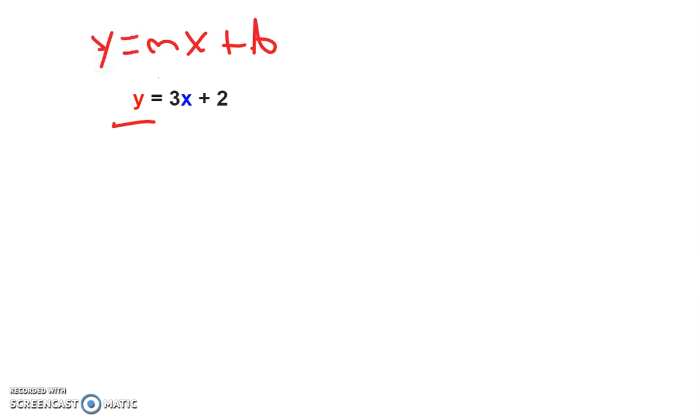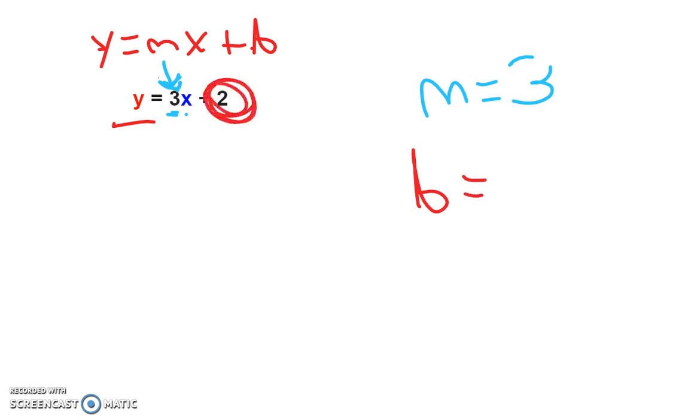And my corresponding values for m, anything that we're multiplying x by, in this case would be a 3. And my value for b is going to be that extra constant that we're not multiplying by x, is going to be a 2.